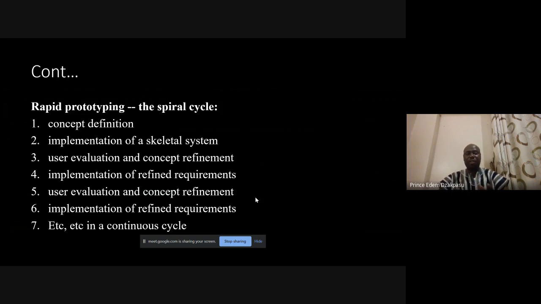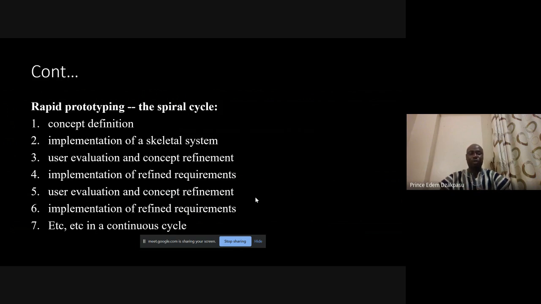So rapid prototyping follows a spiral cycle. We have what we call concept definition. We have the implementation of a skeletal system. We have user evaluation and concept refinement. Then we move to implementation of refined requirements.